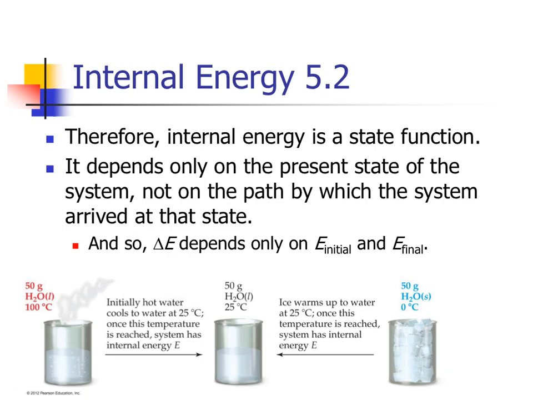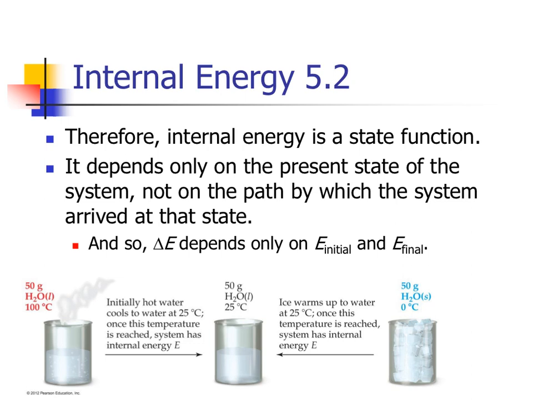Therefore, the internal energy is known as what's called a state function. It depends on the present state in which it is, not the path by which it came, because we can't make those measurements sometimes. So the delta E depends really on your initial and your final state.